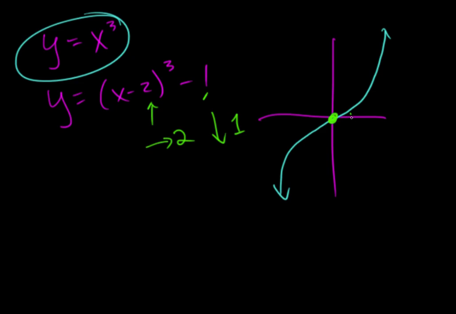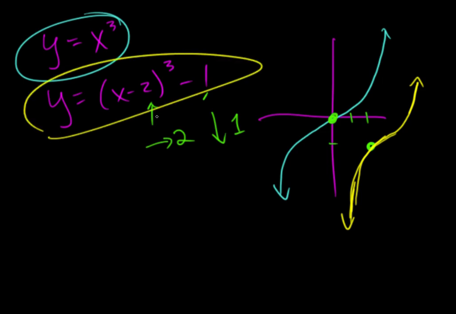That's how I do it. So 2 and then 1 down, moving that origin point, and then just kind of redrawing what we have. So it's going to be something roughly like that. Okay. Now, that's just kind of the basic idea of that.